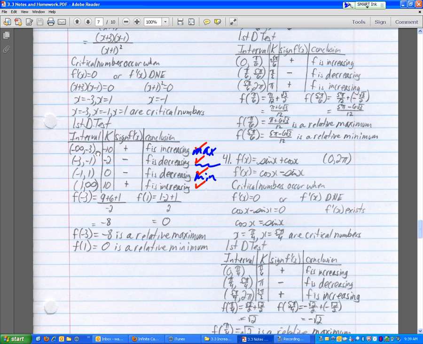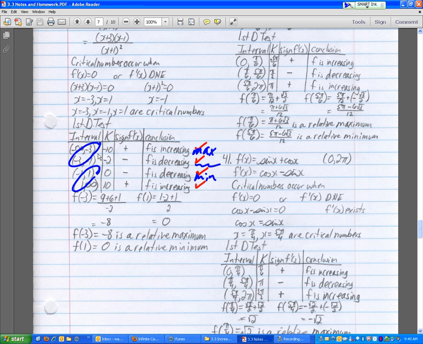Don't stop there. You're supposed to find what those values are. We know where they occur. We know that the maximum occurs at negative 3. We know that the minimum occurs at 1. But go ahead and find those values. To find those values, don't use the derivative. Use what? The original function.